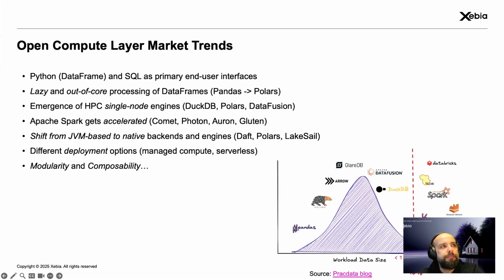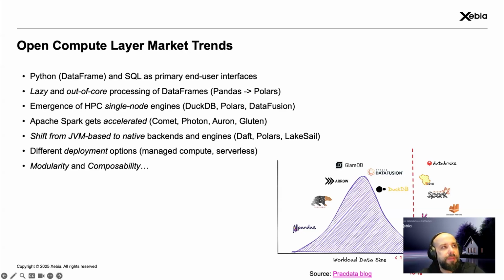We're also observing some evolution in the single-node data frames ecosystem: a more visible migration towards lazy and out-of-core processing within data frame tools. Many companies start using, for example, Polars projects instead of Pandas. I will go into much more detail about lazy and out-of-core processing later on.